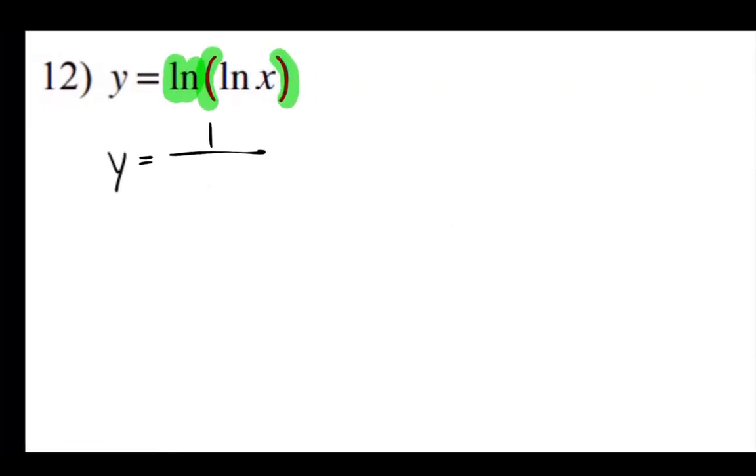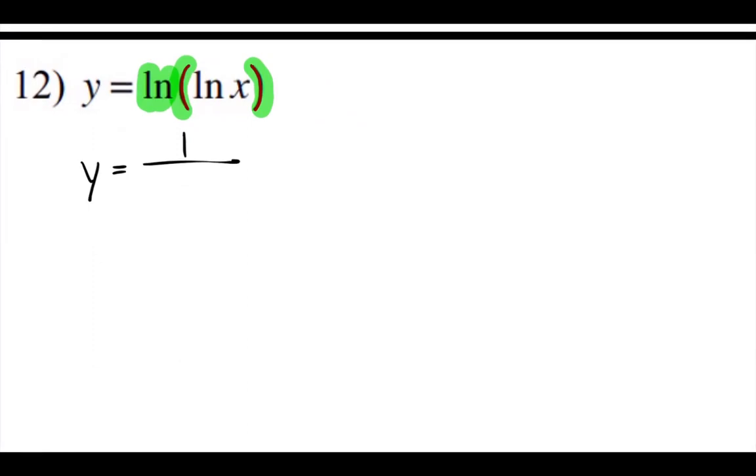Okay, so where are we at? There we go. So again, if this was natural log of x, it would be 1 over x, right? So this part on the bottom here is going to be natural log of x times the derivative of the inside.